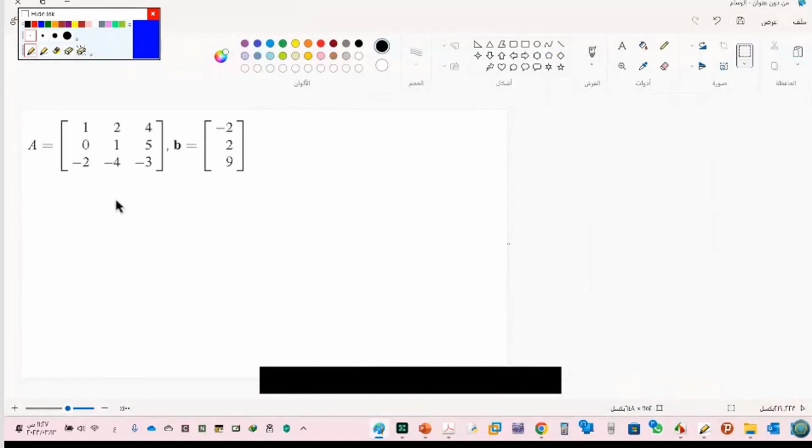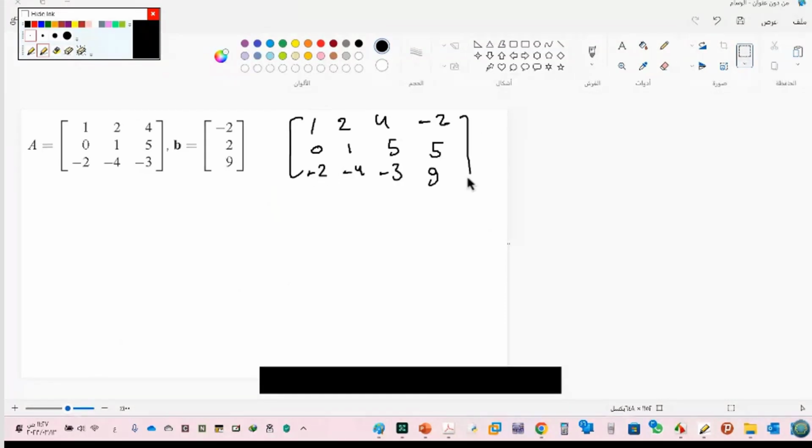Now for this question, I will write the augmented matrix. So again it is 1, 2, 4, minus 2, 0, 1, 5, 5, minus 2, minus 4, minus 3, 9. Now I want to solve this one. I have 0 here, I need this minus 2, working with R3.